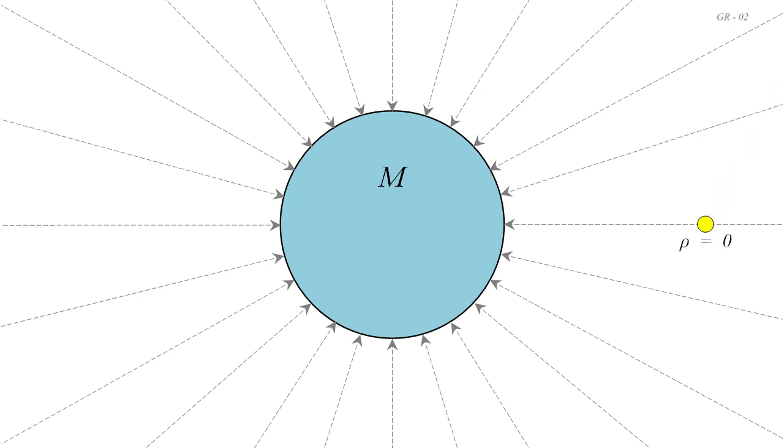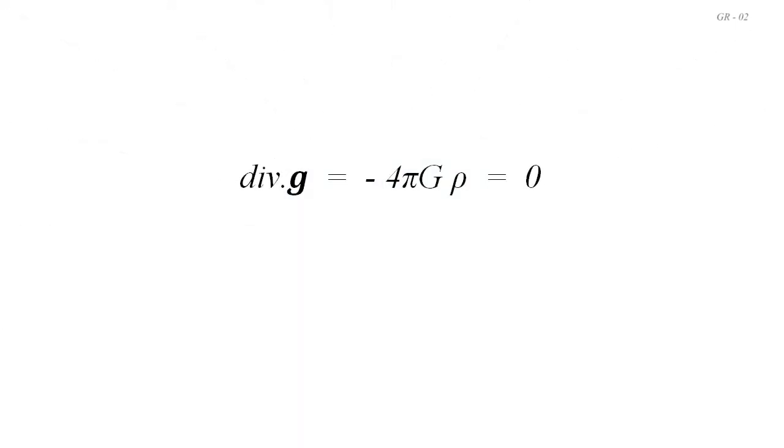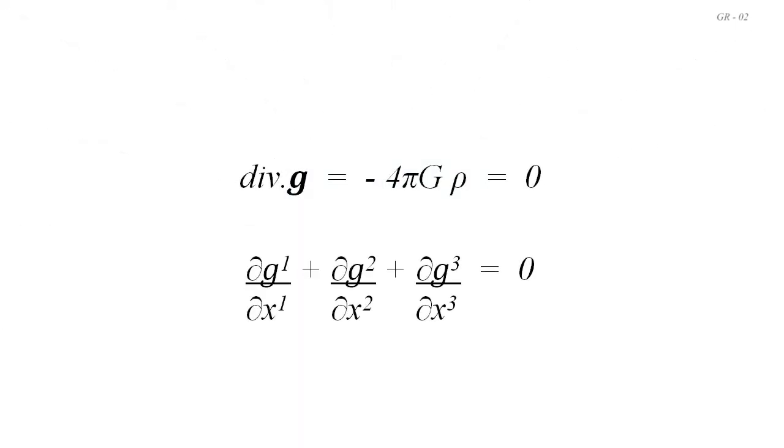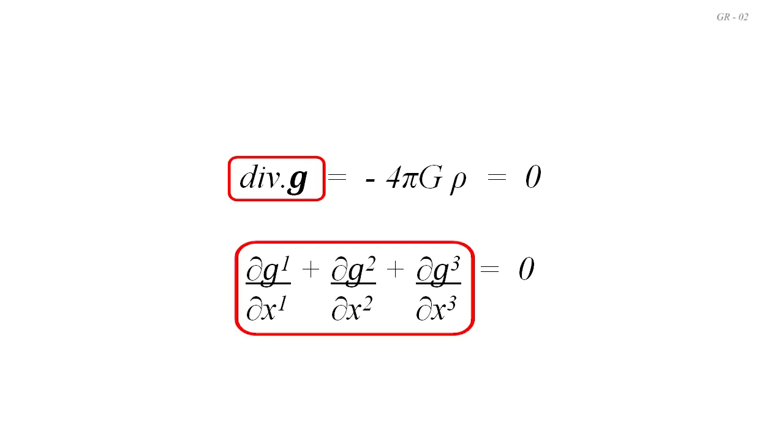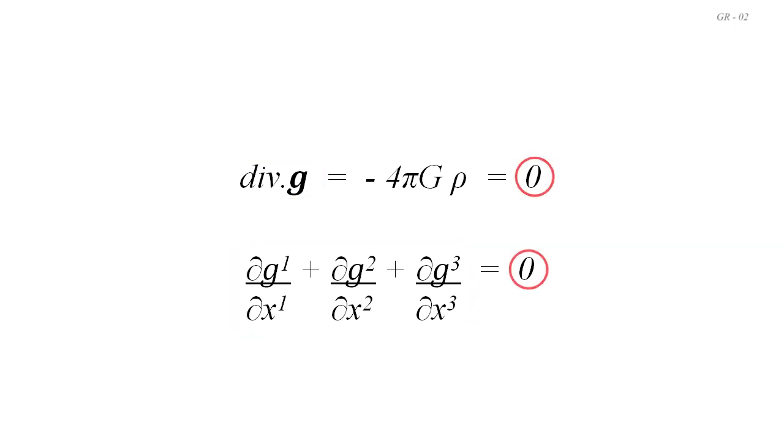That in turn means that if rho, the density of matter at this point, is 0, then our Newtonian formula says that the mathematical divergence of little g at the point must also be 0. So we have this, or this. And when div g is 0, it means that whatever flux lines go into a point must also come out of it. There is 0 resultant.